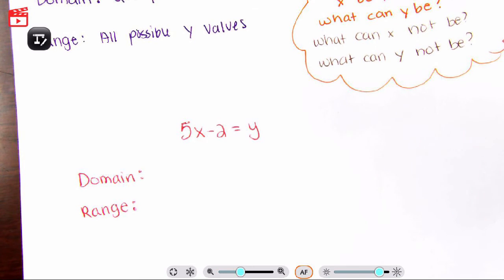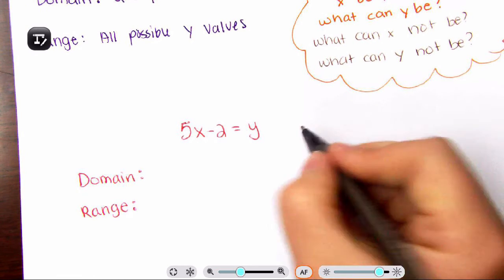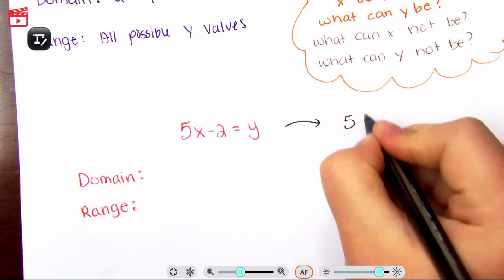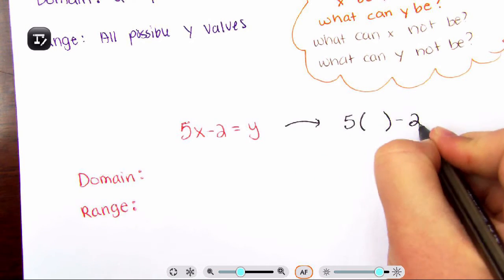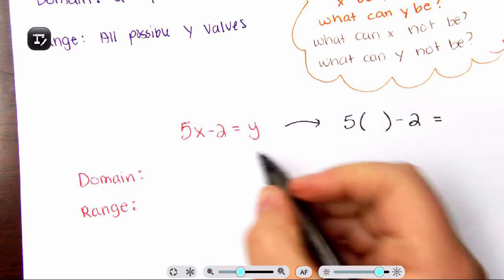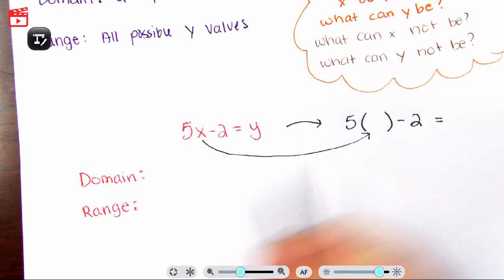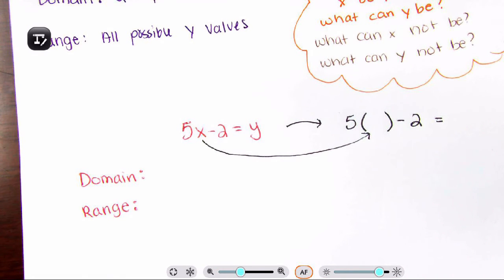What can x be? What can I input in for x? So when I'm solving, what can I put in the place of x? Can I put a 1 in the place of x? Can I have 5 times 1 minus 2? Sure, why not? 5 times 1 is 5 minus 2, that's 3.